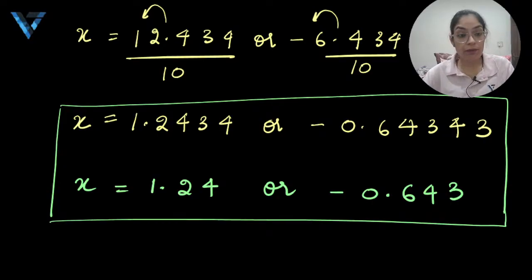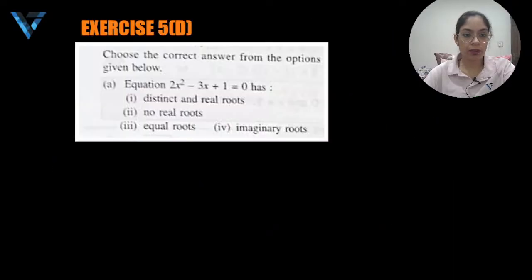Okay, then shall we end the class? It's already 6. We have done many questions today. Only 2 more questions from this exercise are left. We'll finish these questions on Monday and then we'll start with the next exercise.